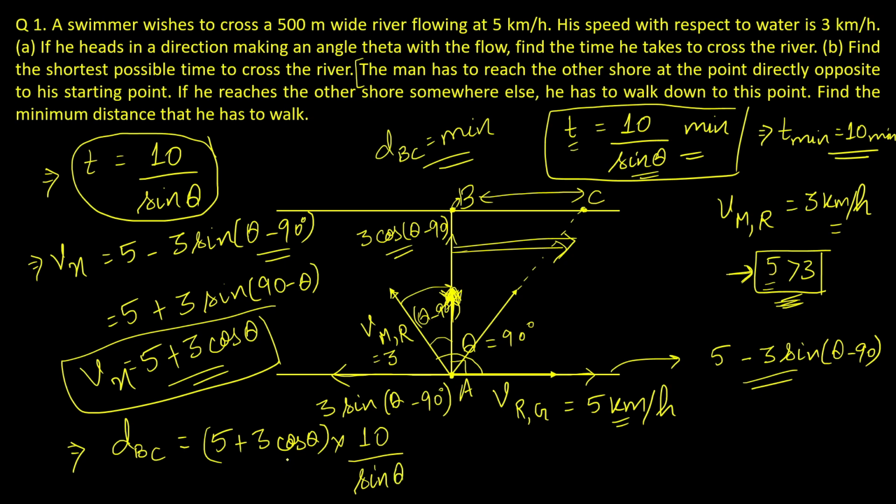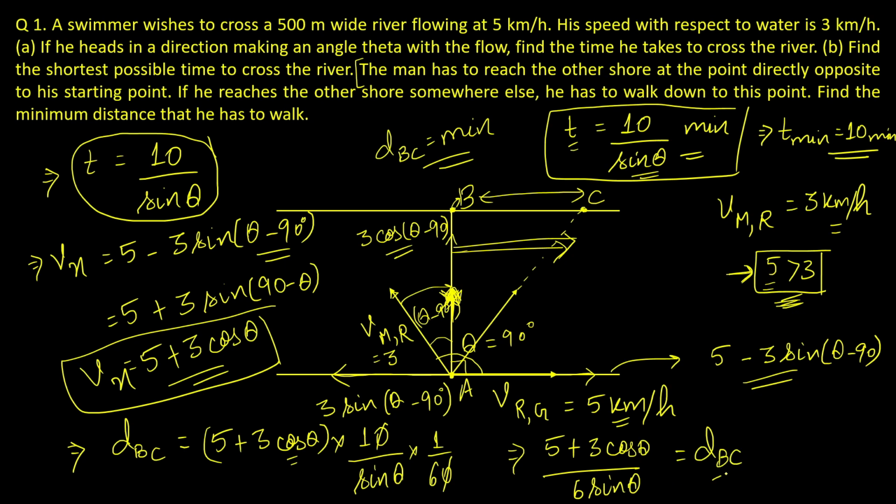But again, this is in kilometer per hour, but this is in minutes, as I have already converted. So just divide with respect to 60, then that will be 6 sine theta. So this is nothing but (5 plus 3 cos theta) upon 6 sine theta, that is equal to distance BC.